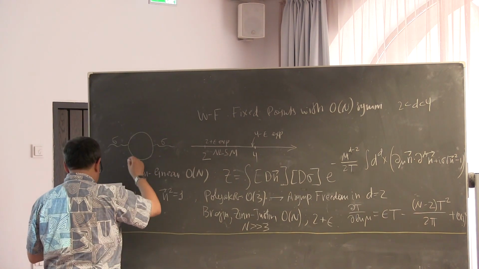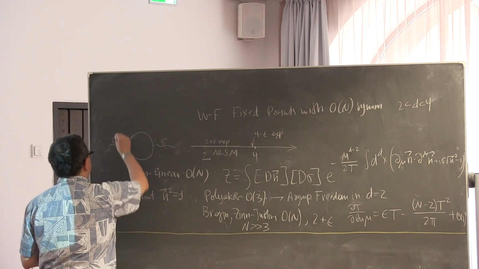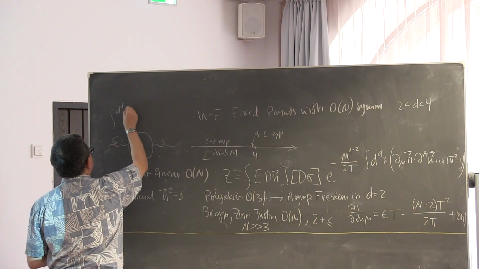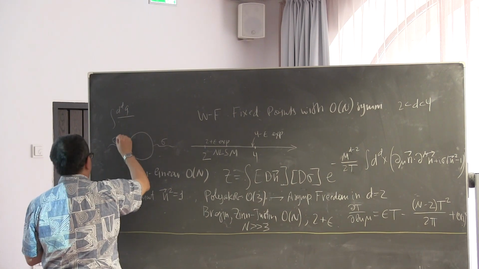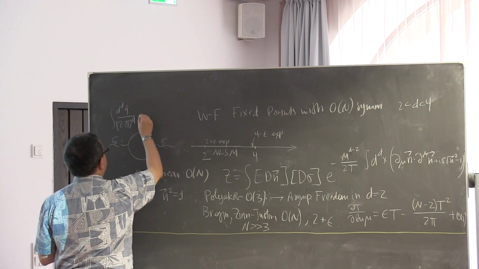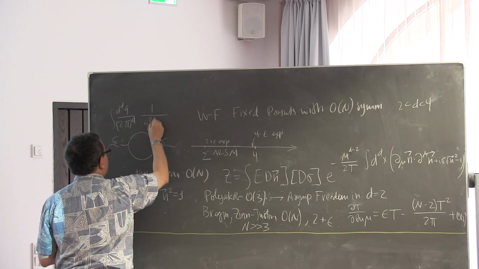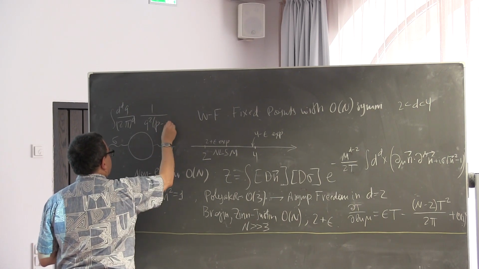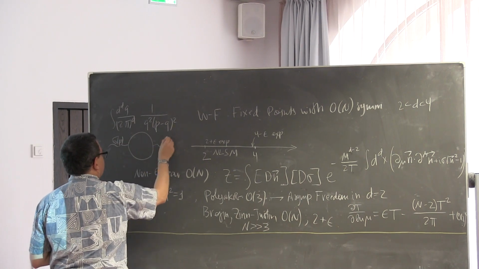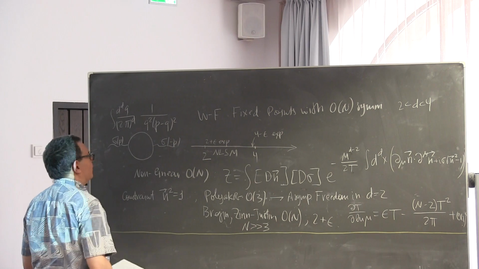So in momentum space, we just have to do the integral, which is integral d^d q divided by (2 pi)^d, 1 over q squared and (p minus q) squared. This is sigma of p. This is sigma of minus p.